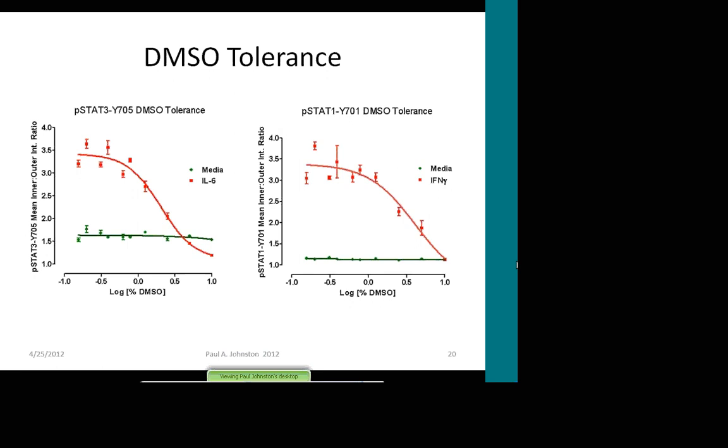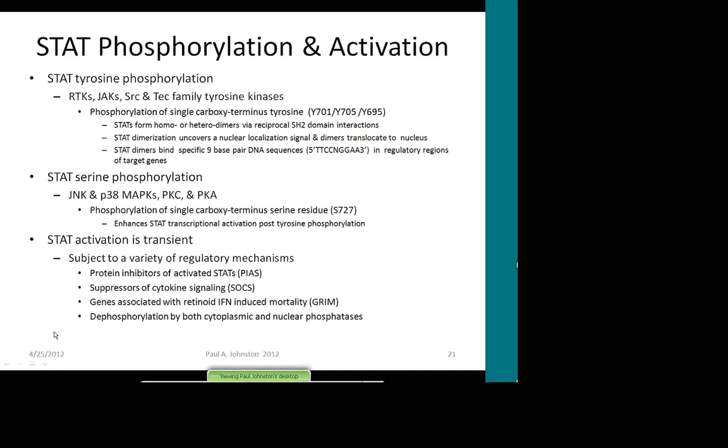We also did DMSO tolerance, and we decided based on these data for both assays that we would keep the DMSO less than 0.5%. And I think, in fact, when we ran the screen, we were running at a compound concentration of 20 micromolar, which would correspond to about 0.25% DMSO.